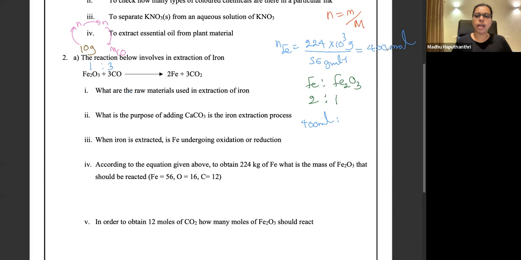Then I have to relate that to Fe2O3 moles. Fe to Fe2O3 is 2:1. Here see, 2:1. There's nothing in front, means 1 is there, no? So if I want to get 400 Fe, the amount of Fe2O3 I'm supposed to have is half of that. Right? 400 by 2, which is 200. Is that clear now?